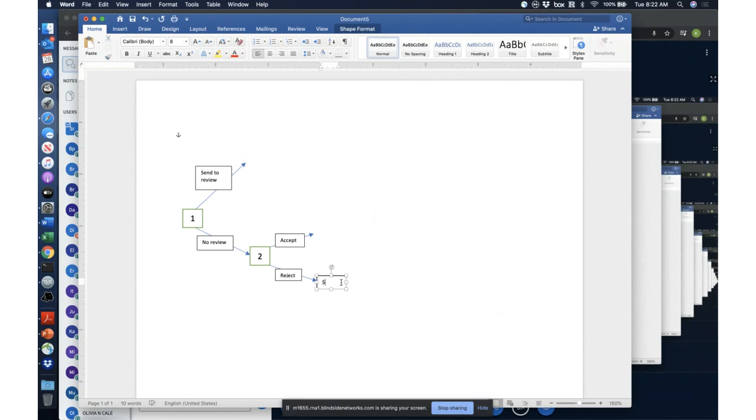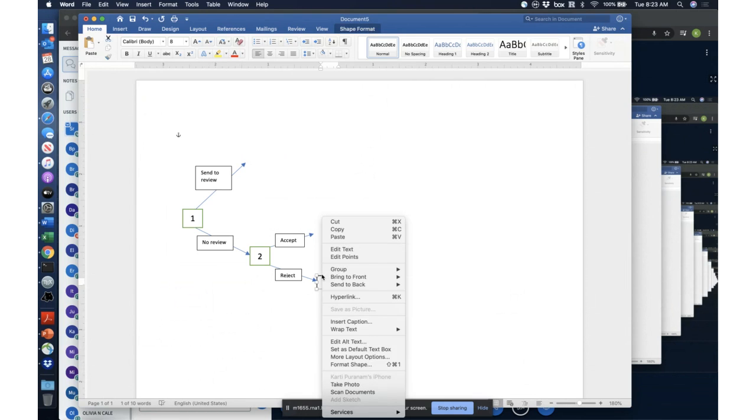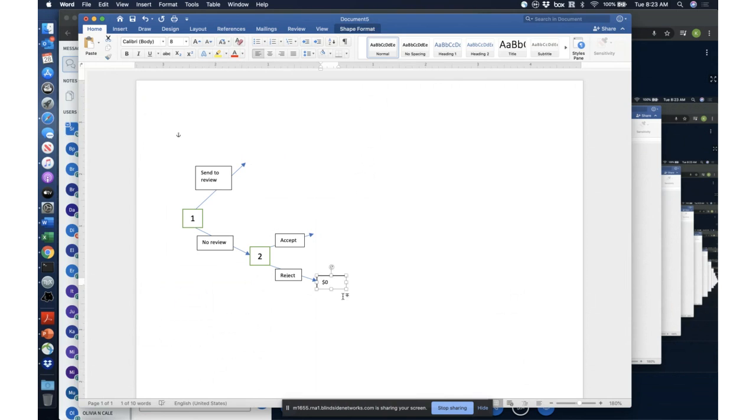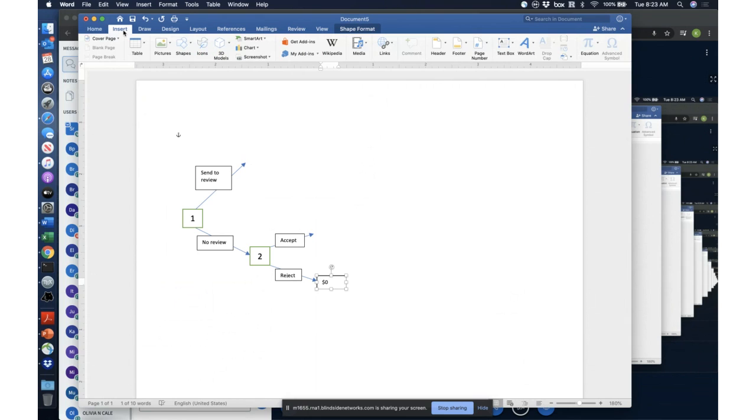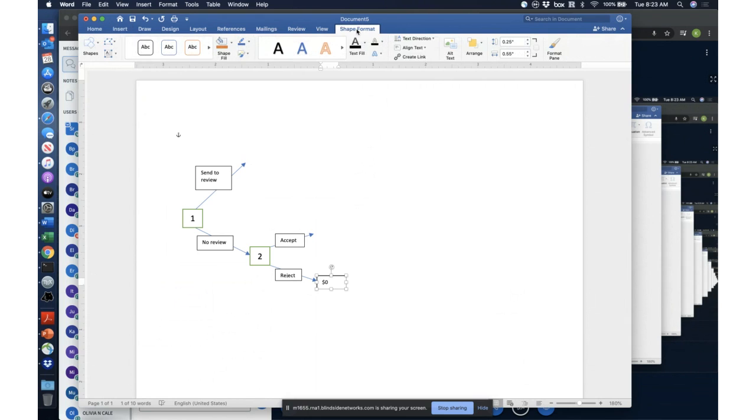If you reject the manuscript, you make $0. Now, technically, there should be no boundary for this, but it's okay. When you write this out, you don't have to have any boundary for it. I don't spend time on that.